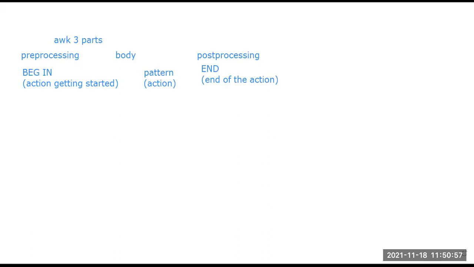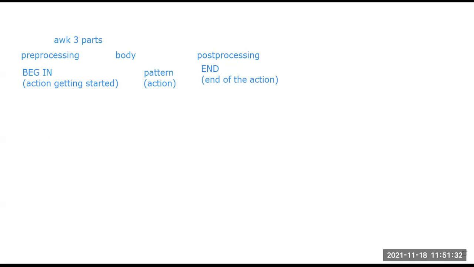Because it is useful for initialization tasks, to initialize variables or to create the report. So before AWK starts reading the file line by line, the pre-processing initializes some variables or helps with report handling.